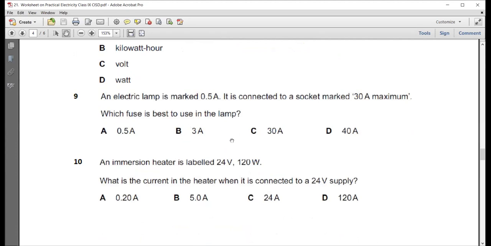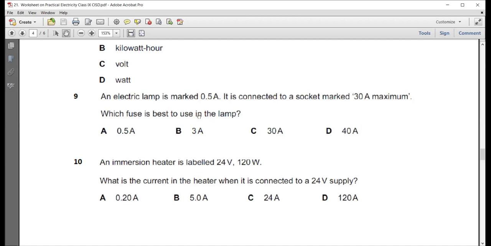But in the options, I told you, if it was given other than this 30 ampere or 40 ampere, if it was given 1 ampere, 2 ampere, then we could take 1 ampere first. Okay, as they gave 30 ampere, 40 ampere, in comparison to that, 3 is more appropriate. That's why we are taking this one. Clear now? Yes, sir. Okay, now Aisha, please read 10.